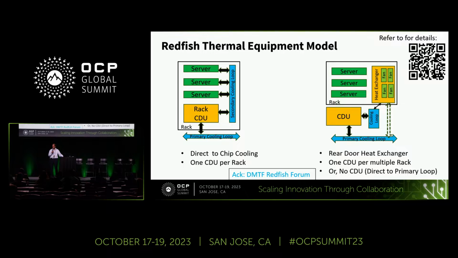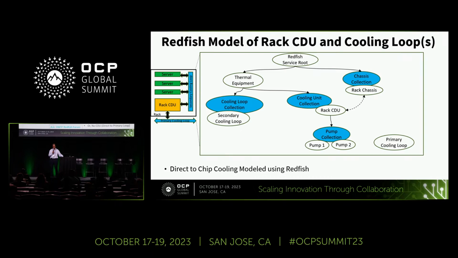You can take the documentation from the DMTF website if you want to look up further details. At a modeling level, Redfish typically starts with the service root, and usually you go to chassis and servers and so on. Now instead we go to a new category called thermal equipment, and then the cooling loops and the cooling distribution units, everything sits under there.